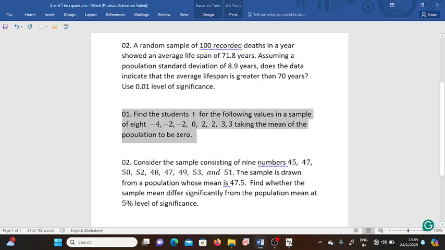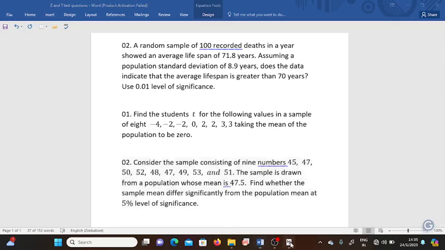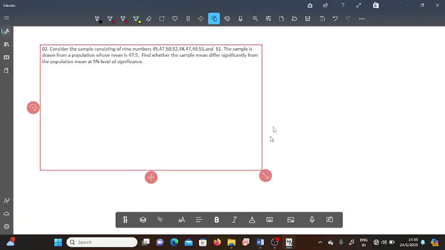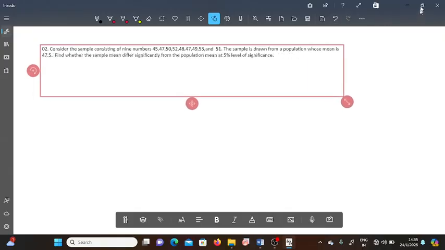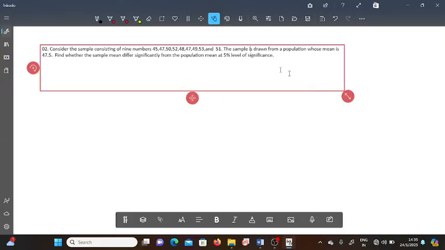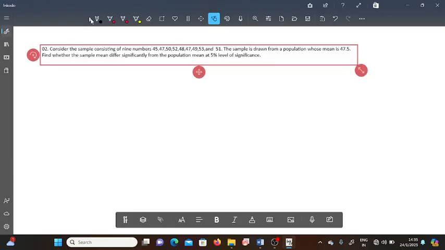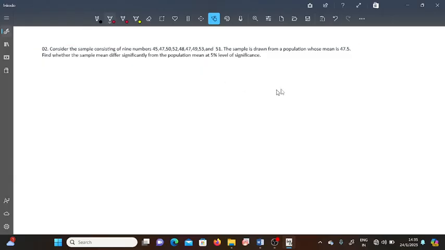Here a sample consisting of 9 values is given, and the values are 45, 47, 50, 52, 48, 47, 49, 53 and 51, and the population mean is given as 47.5.